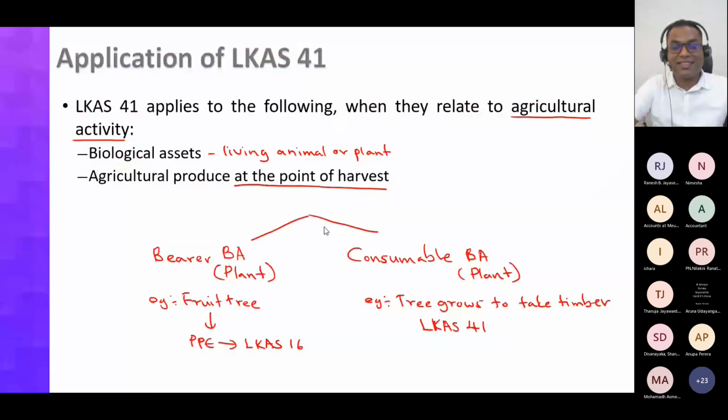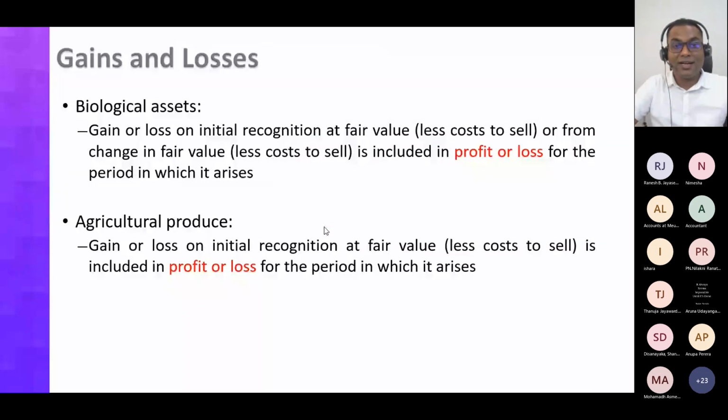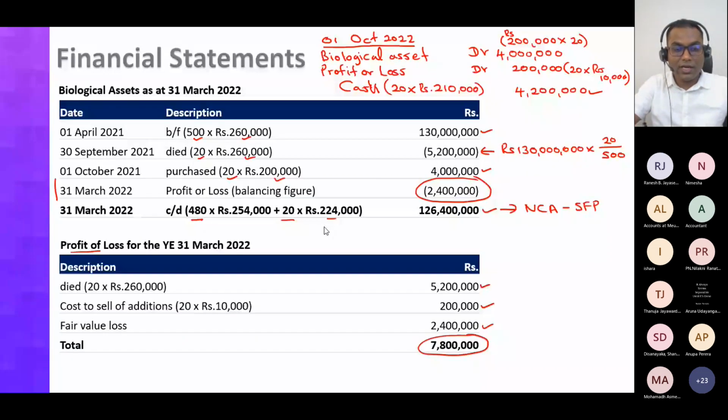There are practical issues. That's why I said at the very beginning that this is a specialized sector. Most of you might not have the practical experience. A lot of developments and revisions are also happening around this particular area, for example the question asks about consumable biological assets.